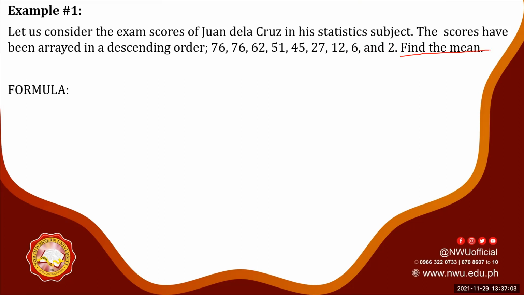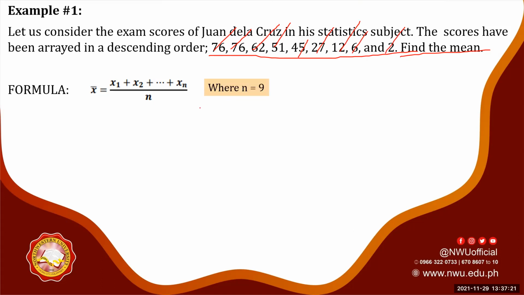And you can do that by following our formula, which is to simply add all of them and then divide it by the total number of items. So, ilan ang total number of items? There are 1, 2, 3, 4, 5, 6, 7, 8, and 9. Therefore, ang n natin ay 9.